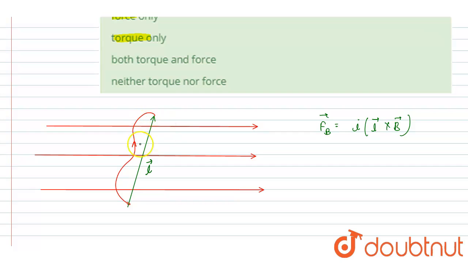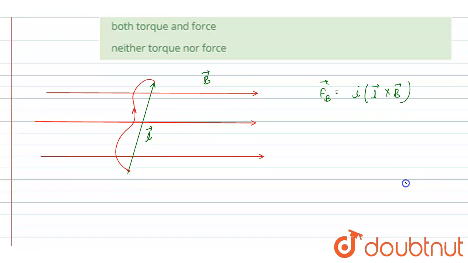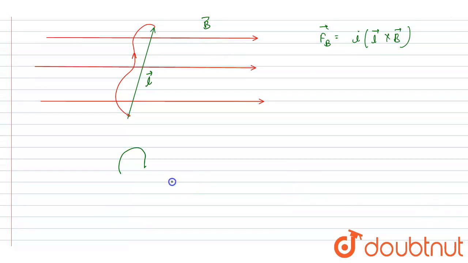This we can do in case of uniform magnetic field only. Now you can calculate the force on this wire by getting this L vector, right? L vector will be from initial point to final point. And if I draw a loop, let's say this is the loop, any random shape loop, and in this loop the current is flowing in this direction, magnetic field is again in this direction, right?